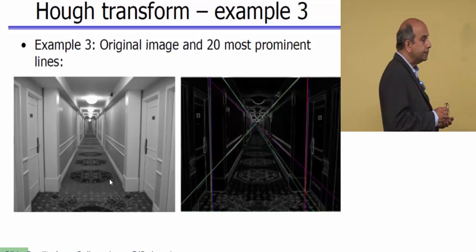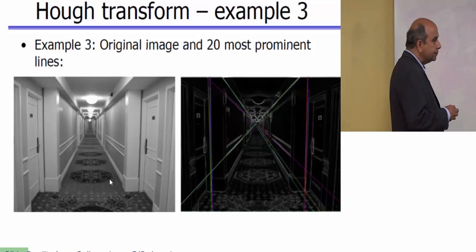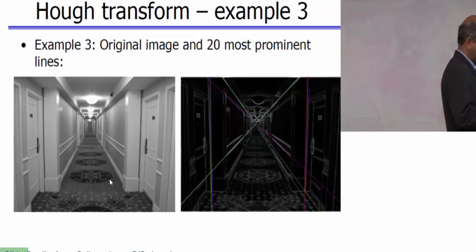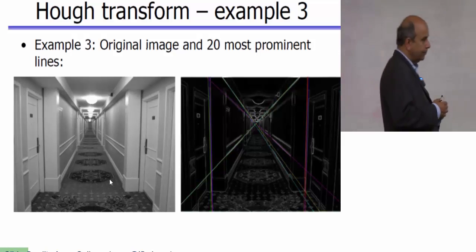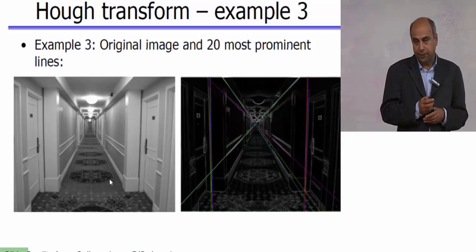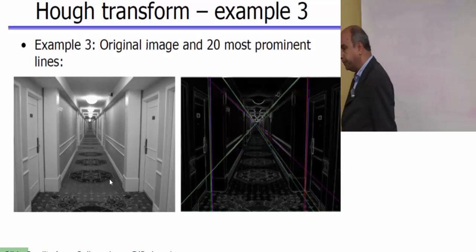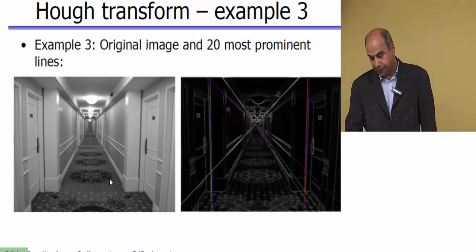When lines are detected in this method, they are infinite lines, right? Can we modify it somehow to get segments of lines, which can also be used? Yeah, that's a very good question. This will find infinite lines, as shown here.